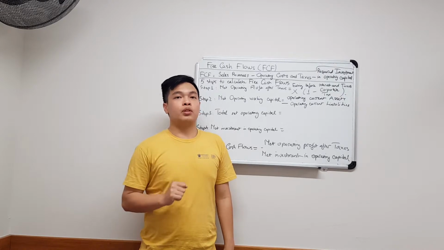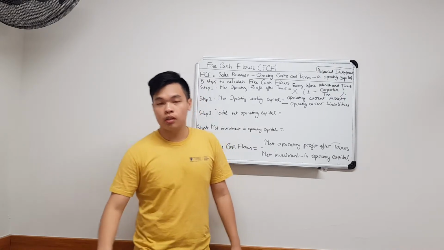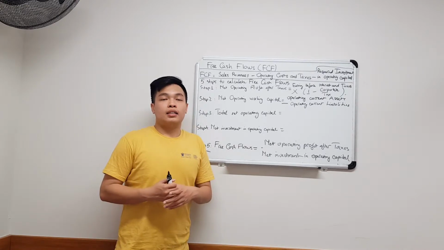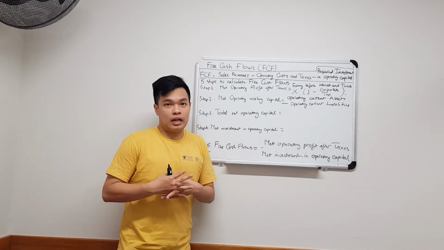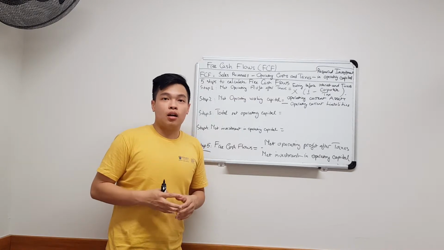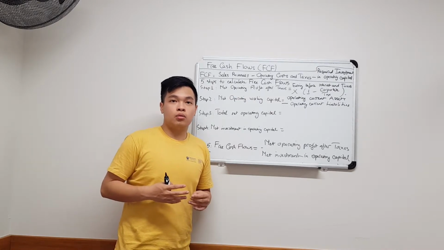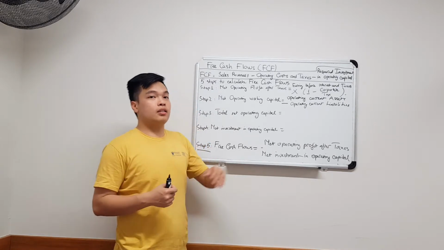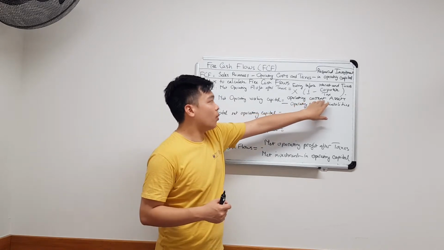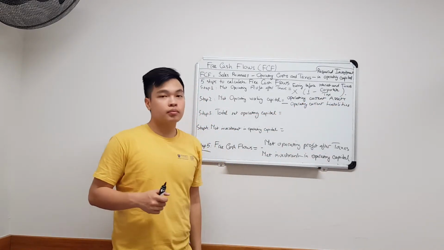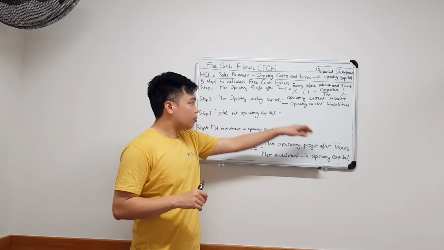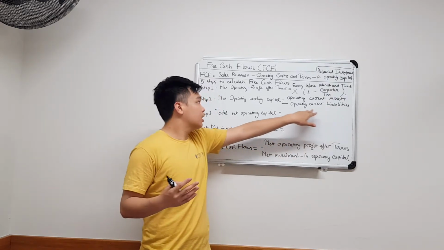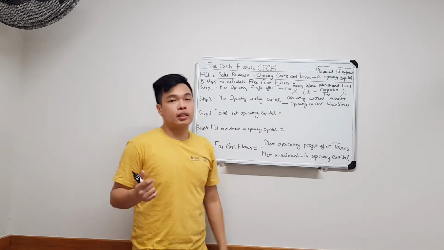Equity is your capital, your working capital. So if we want to know how much capital the company has as working capital, we take operating current assets minus operating current liability. Then we have net operating working capital.